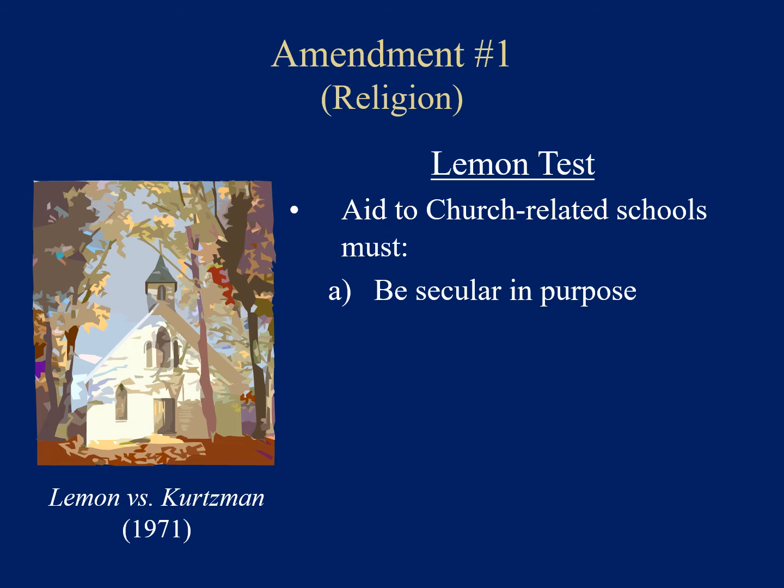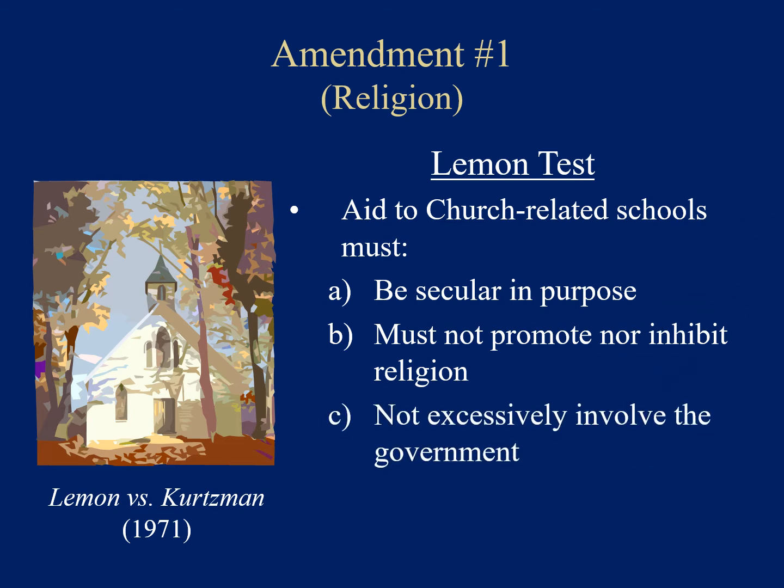However, there were limits to the aid that the government could provide these churches. The aid had to be secular in purpose, not for religious reasons or religious curriculum. It cannot promote one religion over another or inhibit religion, and it should not excessively involve the government.